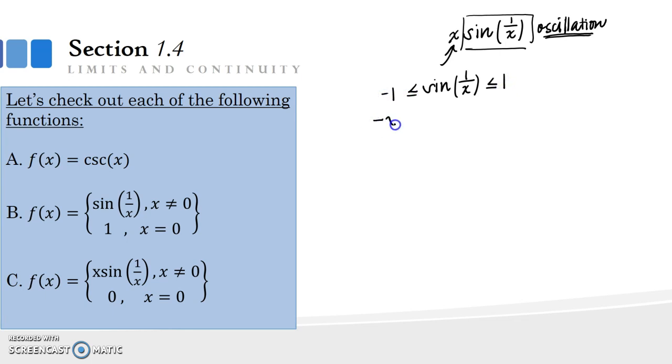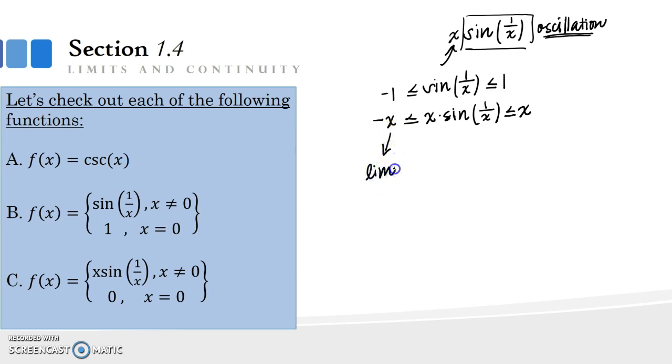So if I were to multiply all pieces of this inequality by x, then all of a sudden I have the original function that I'm interested in part C, and it exists between -x and x. So if I take the limit of each of these expressions, if the limits in my outer bounds are the same, then by the Squeeze Theorem, because this sits between those values, I'm guaranteed to have the same limit at the end. So let's check those out.